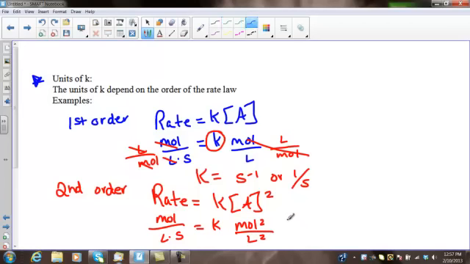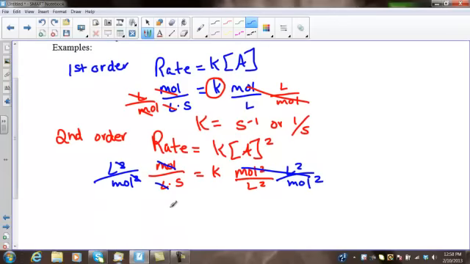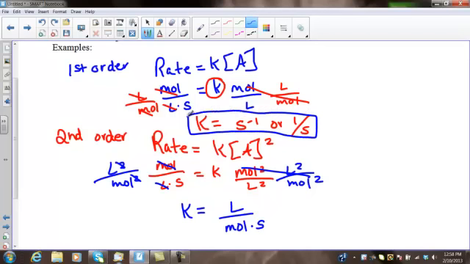If I multiply by the inverse, this cancels with this, and this cancels with this, and I'm left with units of K equals liters over moles dot seconds. So you need to be able to predict units for K.